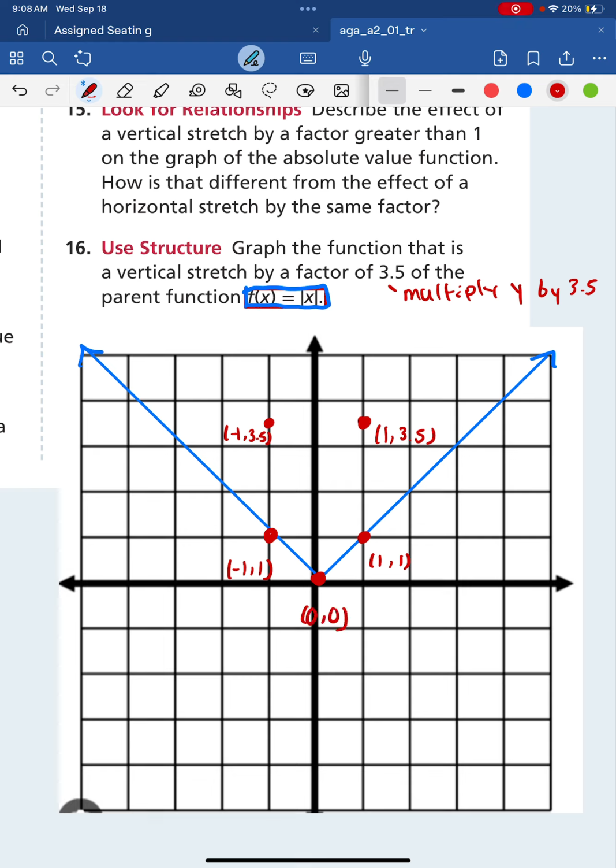If I multiply 0 by 3.5, I end up with 0. So now that I've graphed 3, I can kind of just draw. We'll connect my dots. And that's it. That is the function, the absolute value of x vertically stretched by a factor of 3.5. That's how you do that.